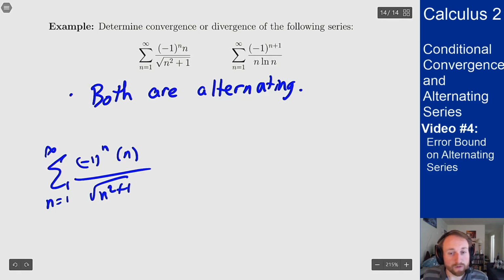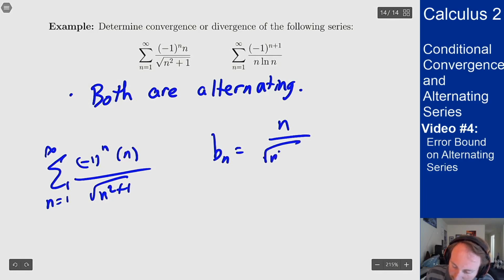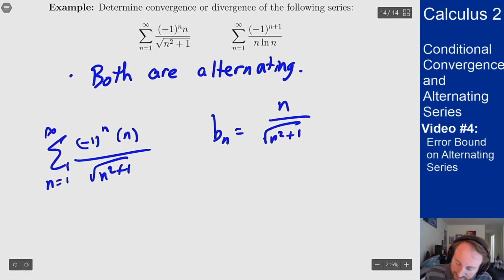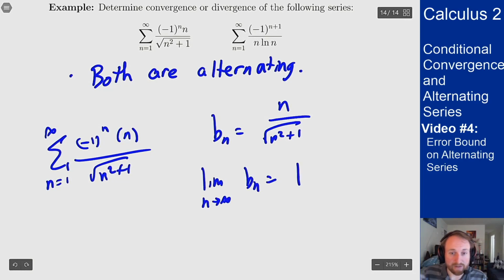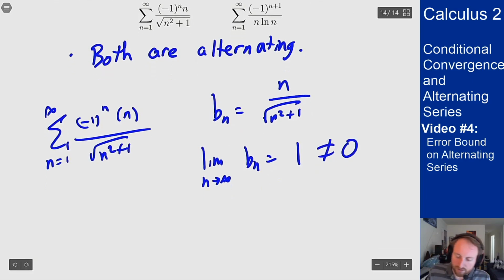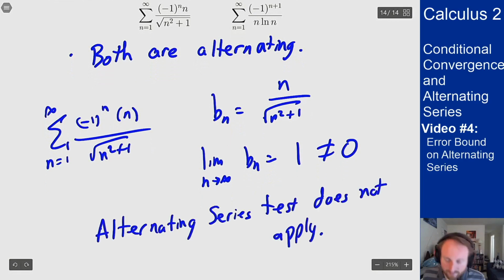If this was going to work for the alternating series test, I would see that Bn must be n over the square root of n squared plus 1. Now the problem I'm seeing with this one is what happens as n goes to infinity? Well, in this case, the limit as n goes to infinity of Bn is 1, because I effectively have a power 1 on top and a power 1 on the bottom, because it's an n squared inside of a square root, which is not 0.